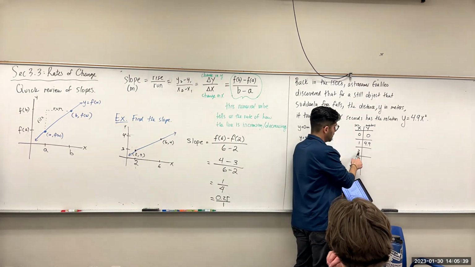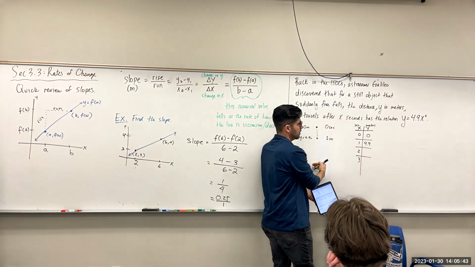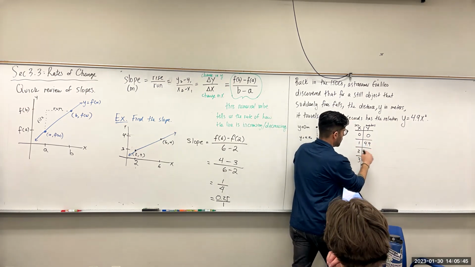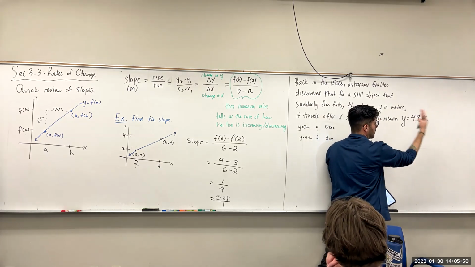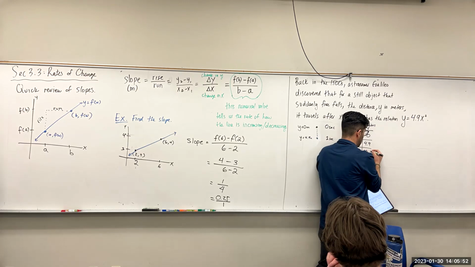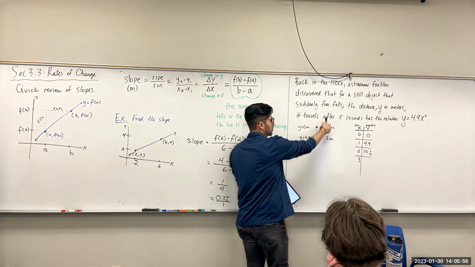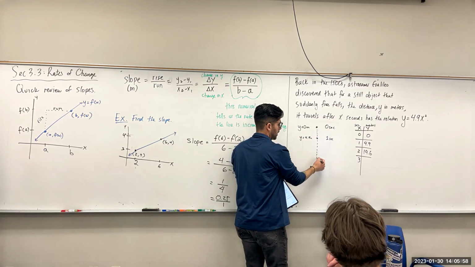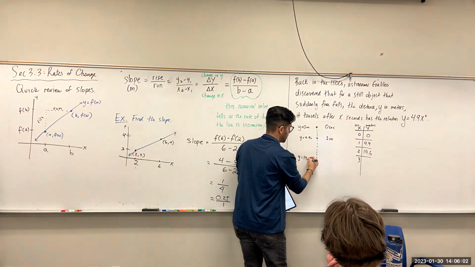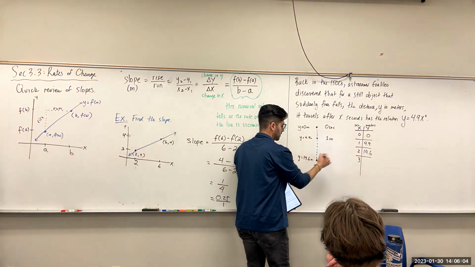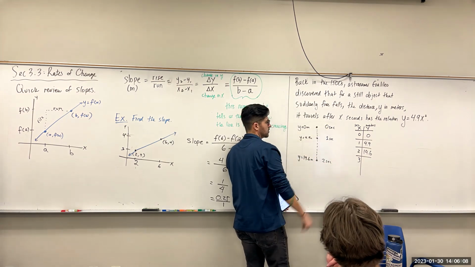Help me out here. Then at 2 seconds, now it has traveled a total distance of, well, you're going to plug in 2 and then square it. 19.6. That's 4 times 4.9, which is 19.6. So from 0 to 2 seconds, it has traveled a total of 19.6 meters in 2 seconds.